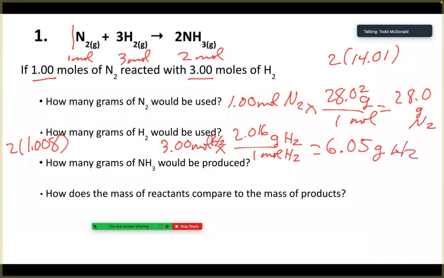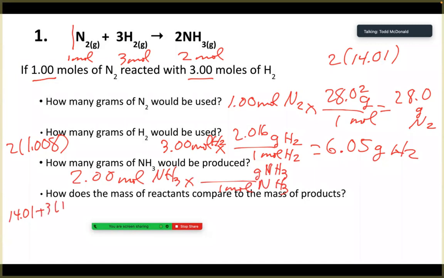And then it says how many grams of NH3 would be produced. Well, I have 2 moles of NH3 being produced, because that's what I would assume from the balanced equation there, so I'm going to get rid of moles of NH3 and change it to grams of NH3. Again, a little bit of math out to the side here. Nitrogen is 14.01, and then 3 times 1.008.